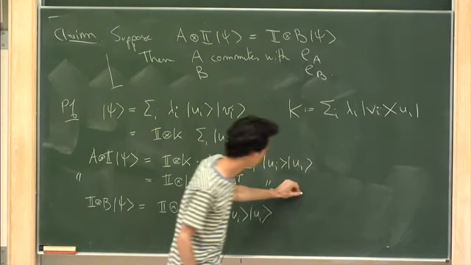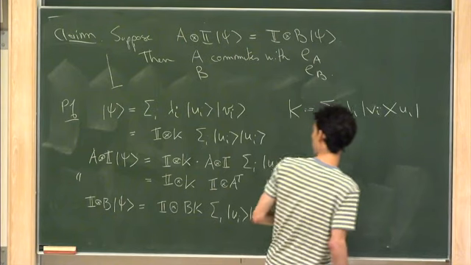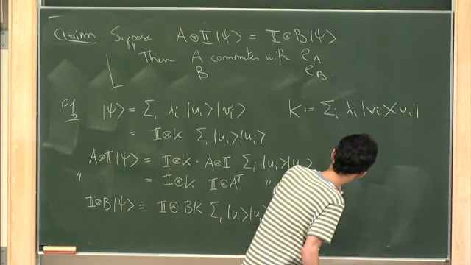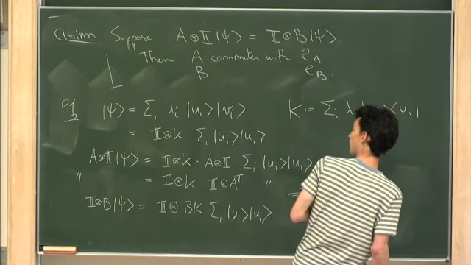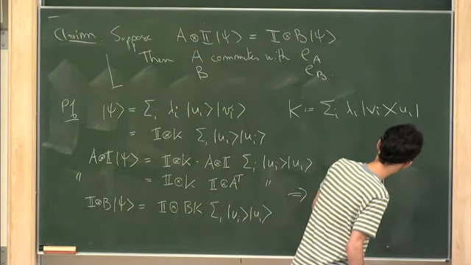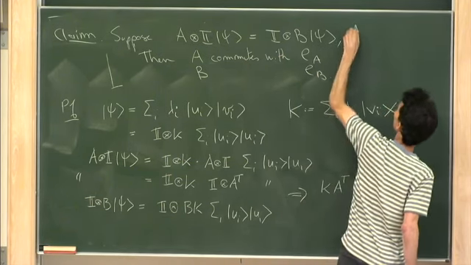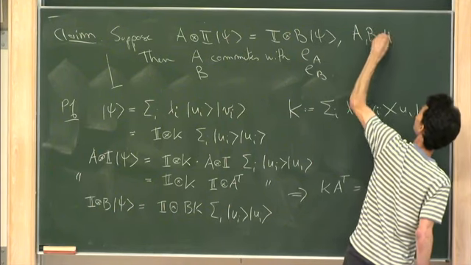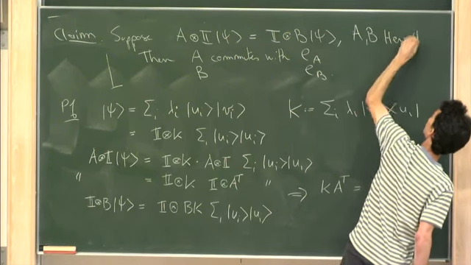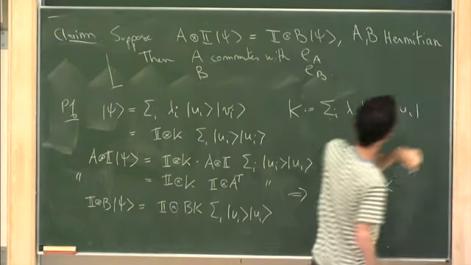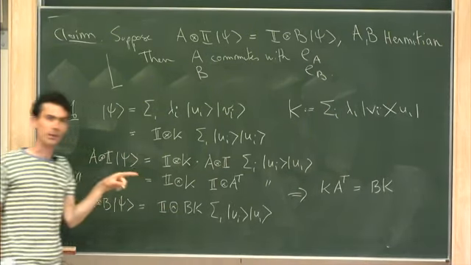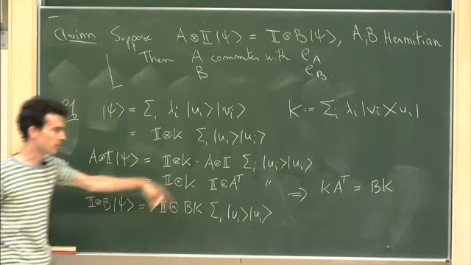This implies that K A transpose equals, oh sorry, A and B should be Hermitian here. Hermitian. Alright. So I get this. I just use the fact that this is the maximally entangled state.